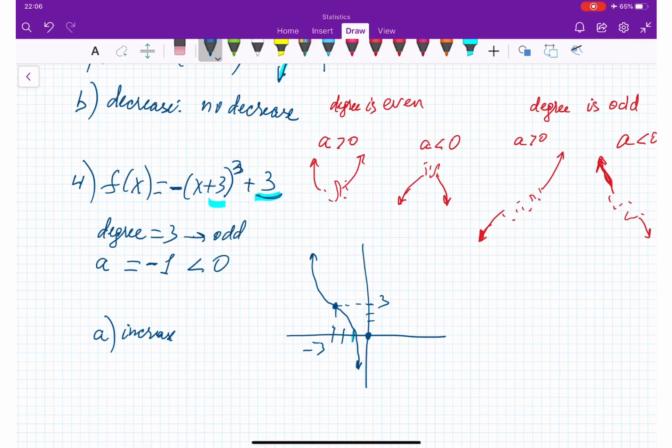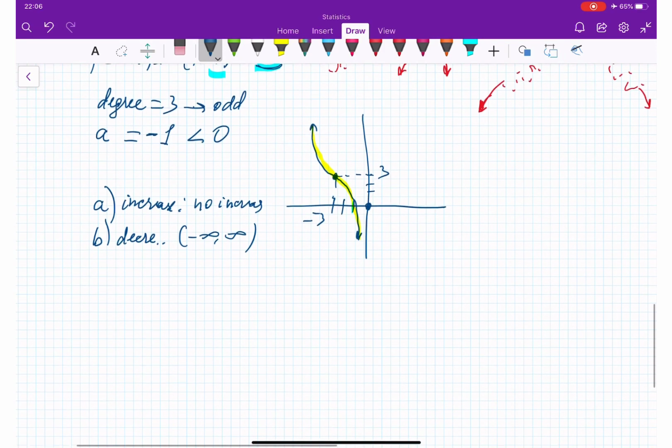So do we have increase here? Absolutely not. We have decrease throughout. So there is no increase. And B, decrease. Obviously it's going to be from negative infinity to positive infinity, throughout the entire x-axis.